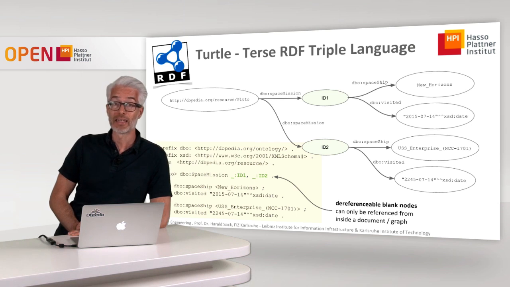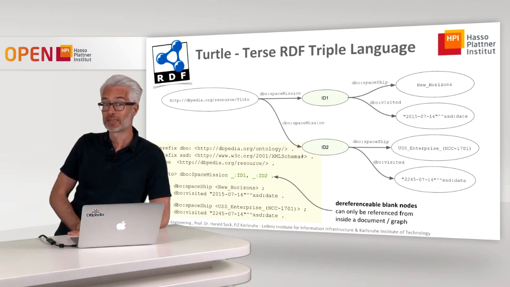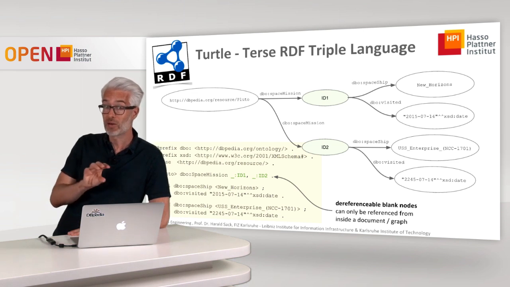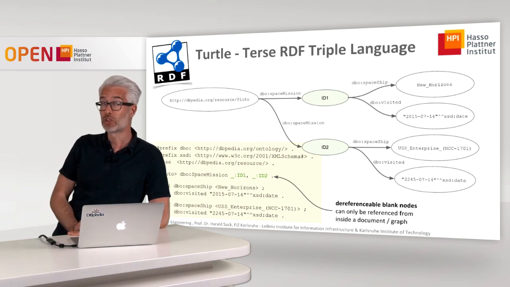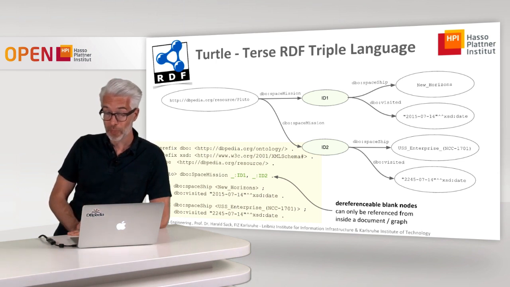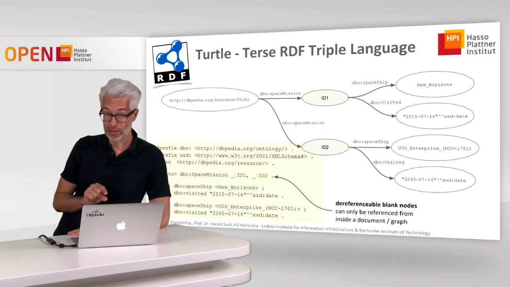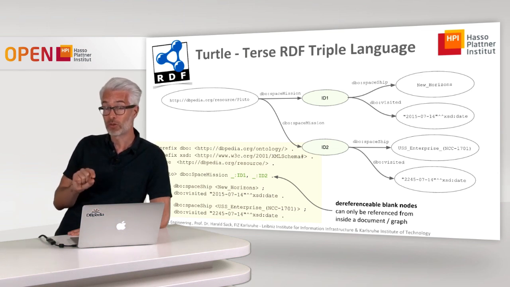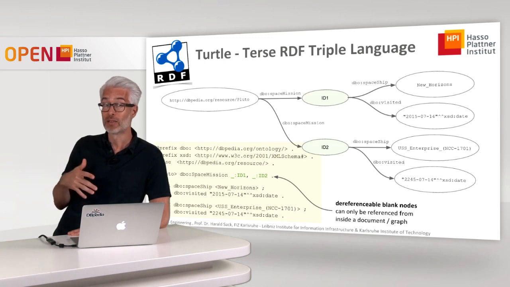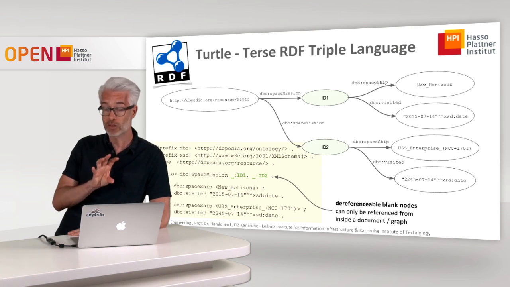I can assign a unique ID, unique within the document where this Turtle RDF is written. I can define there a unique ID which is used exactly for this node, but this is not a URI. The point is, then this node can later be referenced within the same document, but it cannot be referenced from outside. So this is not a World Wide Web URI identifier. This is only for within the document.